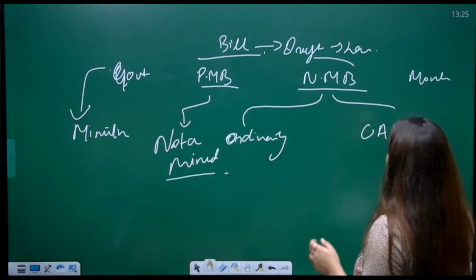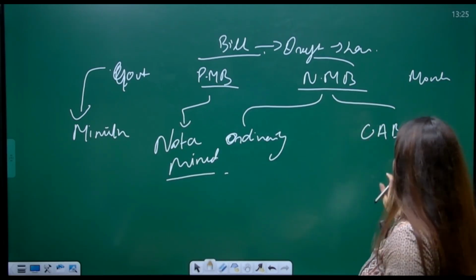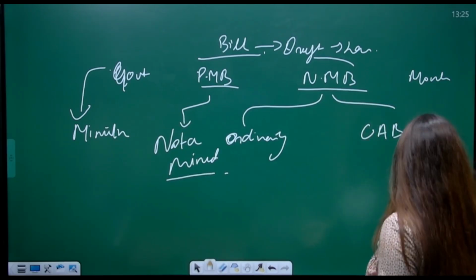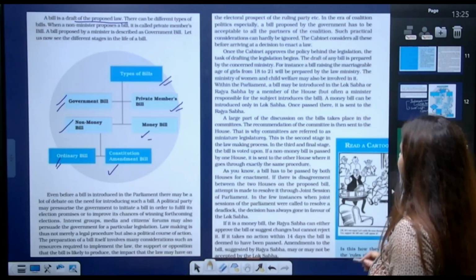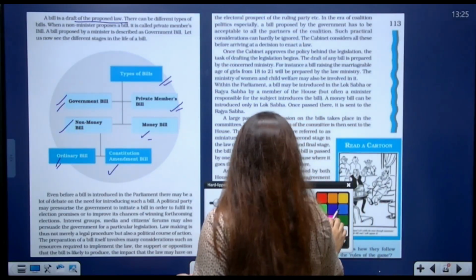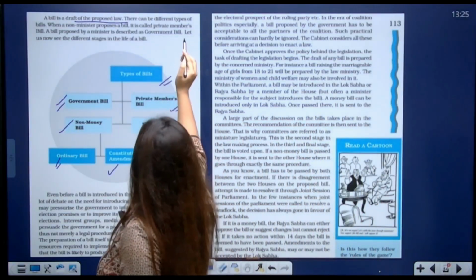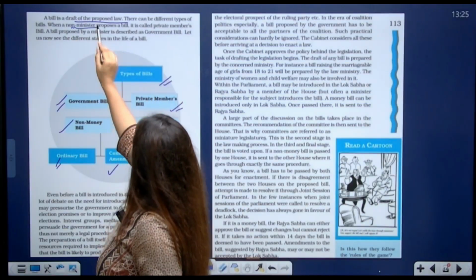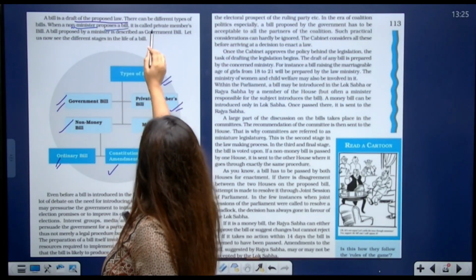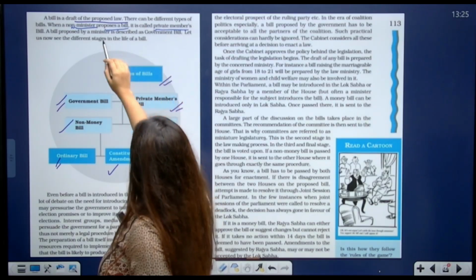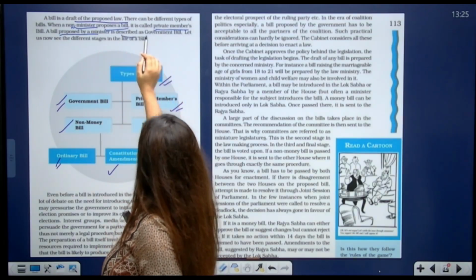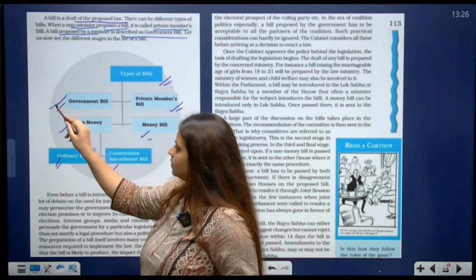Then we have non-money bills, which are ordinary and constitutional amendment bills, and we have the money bill. See, when a non-minister proposes a bill, it is called a private members bill, and a bill proposed by a minister is described as a government bill.